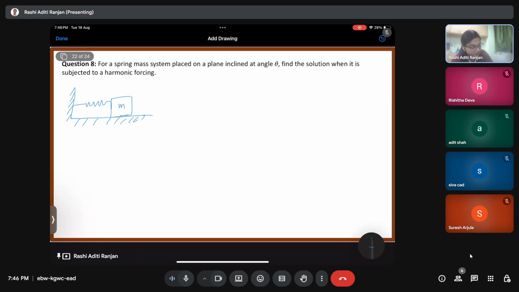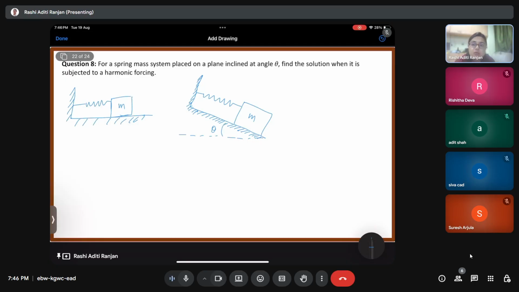But now the difference is that this reference of ours is inclined with respect to the horizontal. This is some angle theta.